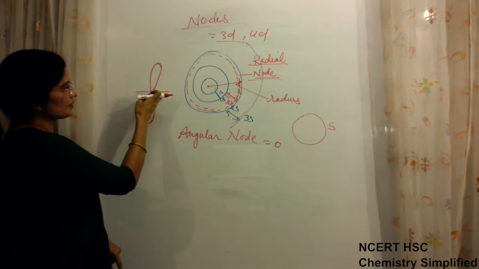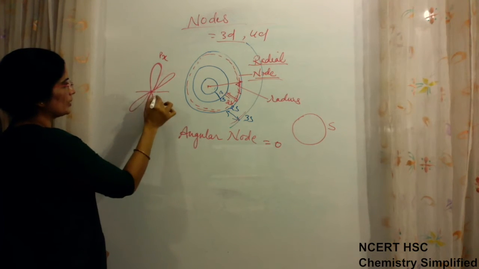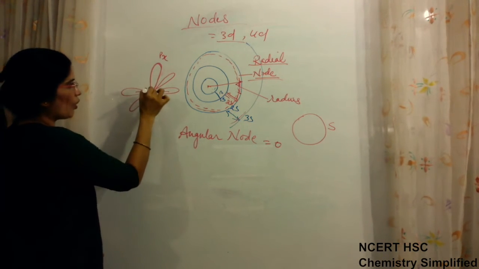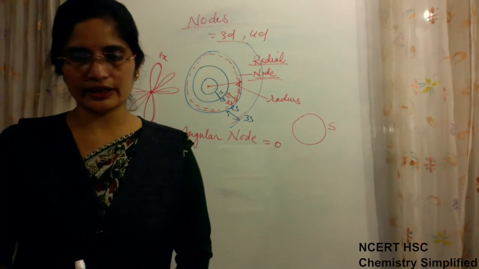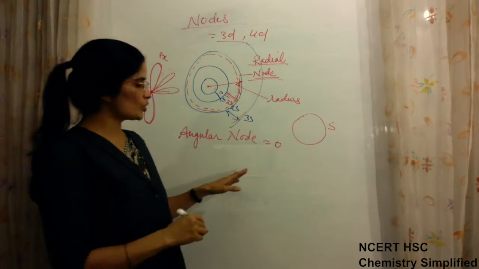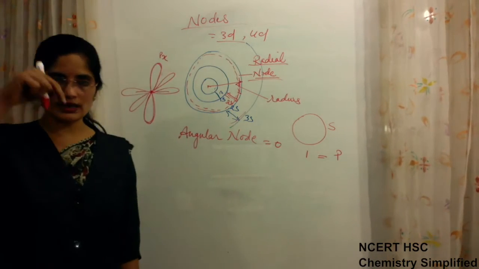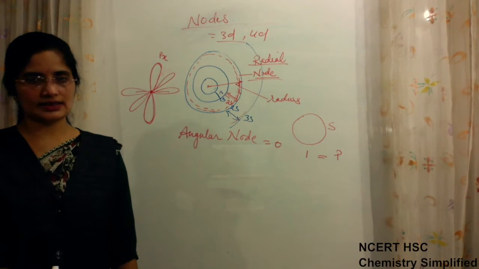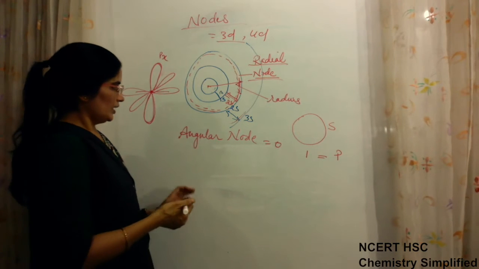Either it is px, or py, or pz, all in the center will have a place where the probability of finding electron is 0. So for p orbital, there is always one angular node passing through the center of the orbital. Clear?